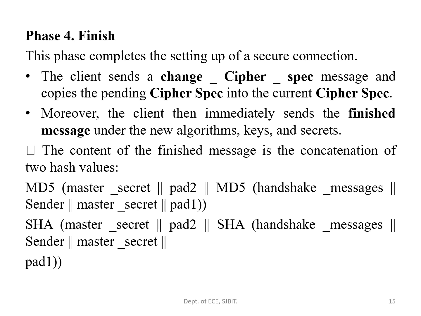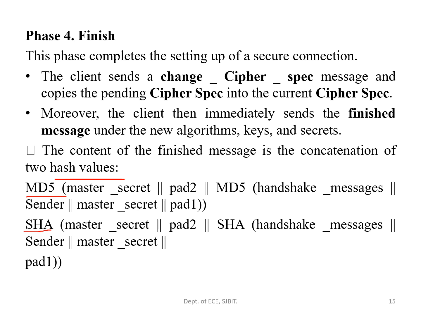Considering that, we are going to consider two hash functions, MD5 and SHA. In MD5 we are going to use the master secret and pad2, then MD5 of the handshake messages, the sender, master secret and pad1. Consider SHA.